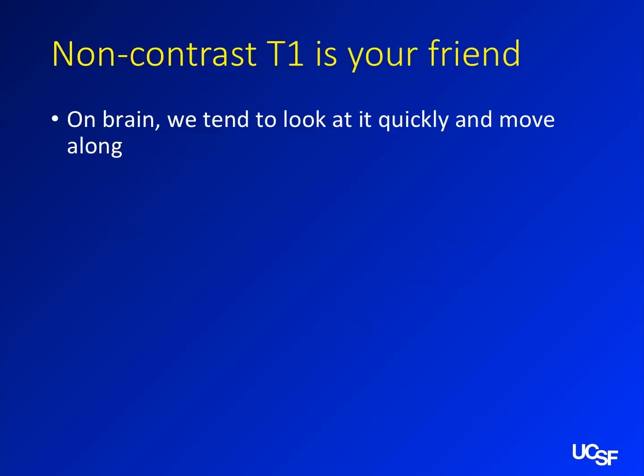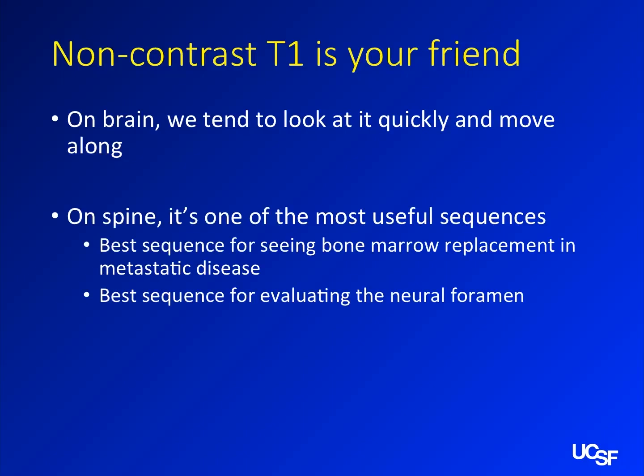Another comment, non-contrast is your friend. On brain, we just go through and we're like, yeah, non-contrast. We look at it if there's something enhancing to see if it's intrinsically bright, but we don't pay that much attention to it. On spine, it's one of the most useful sequences that we have, because one of the best signs of a bony process, like a metastasis, is losing that normal fat.